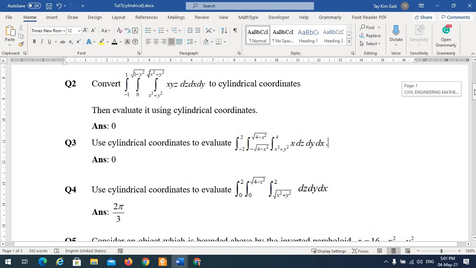So I think you can try number 3 and number 4 yourself because it's a similar pattern.